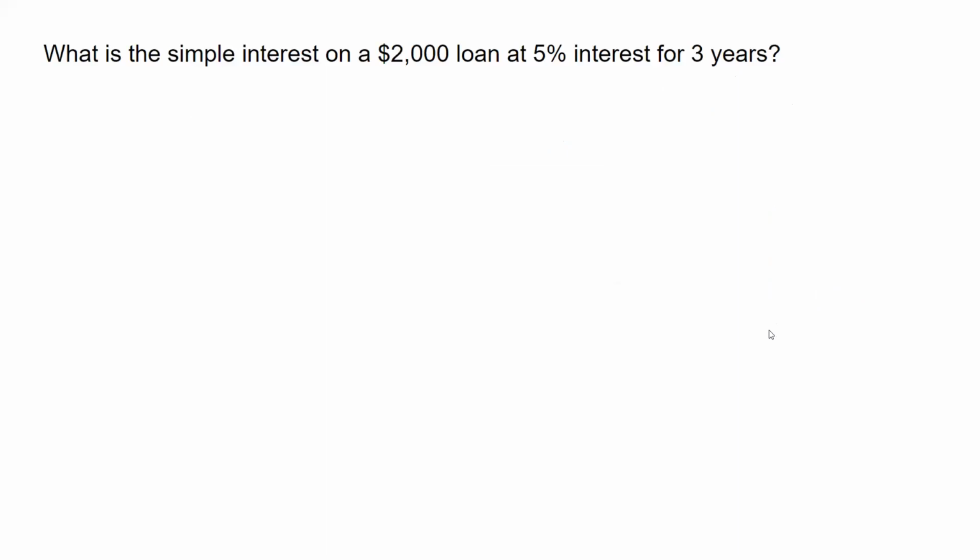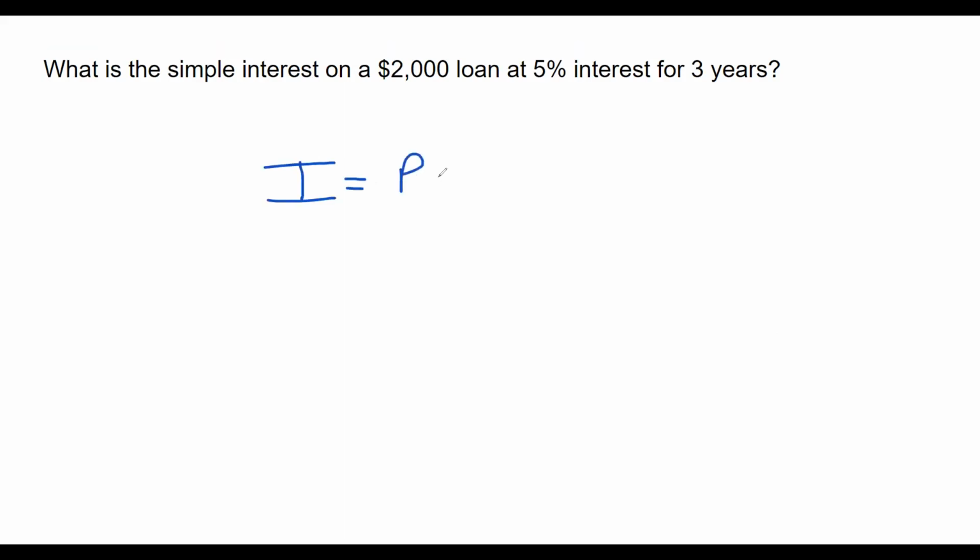First practice question, what is the simple interest on a $2,000 loan at 5% interest for 3 years? Let's first write our formula. I equals P R T. In order to find the interest, we need to know the principal, the rate, and the time. Well, the principal is going to be this big number, 2,000.